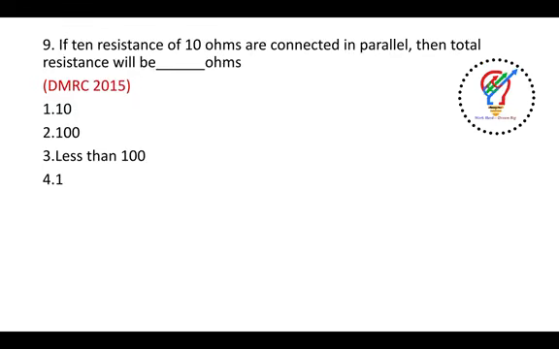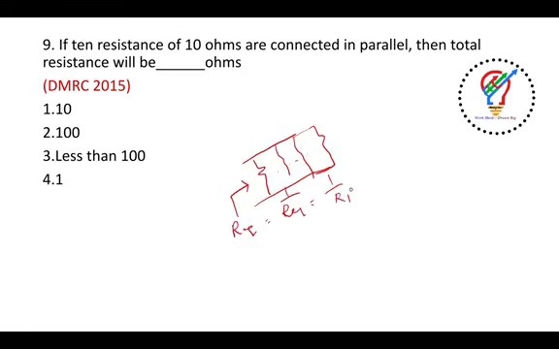Next one, if 10 resistances of 10 ohms are connected in parallel, then the total resistance will be. There are 10 resistors connected in parallel like this. What will be the R equivalent? 1 by R equivalent equals 1 by R1 plus 1 by R2 and so on up to 1 by R10.